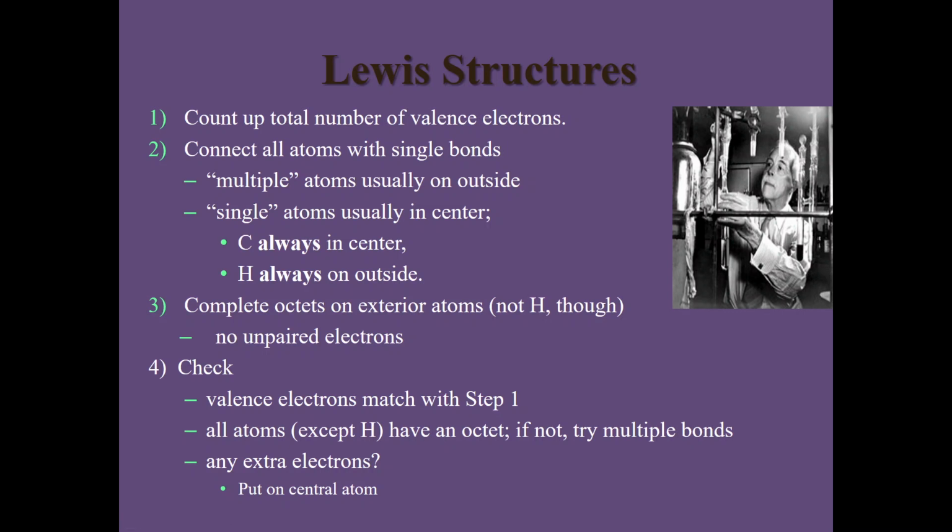So, we're going to pair up all the electrons. Due to Pauli exclusion and other things, they end up being paired off.